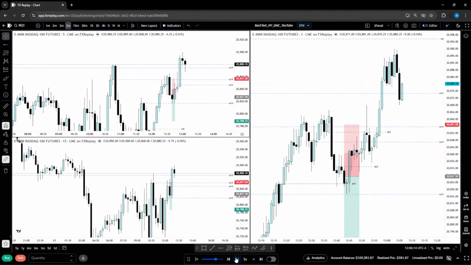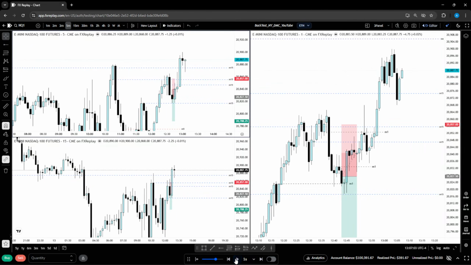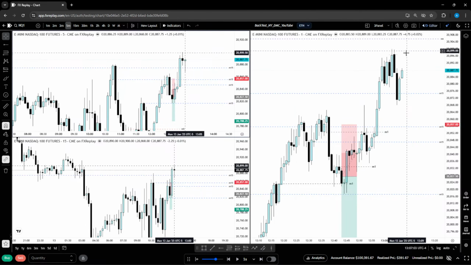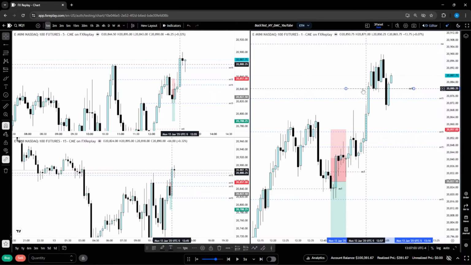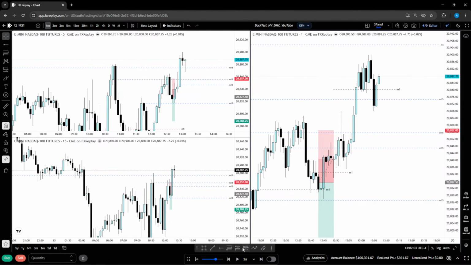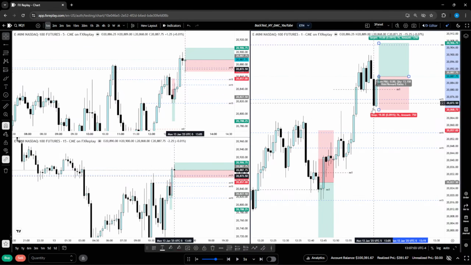Testing this one level. So we basically tested this level at least in 5 minutes. And we reacted off of it, closing above the level. So maybe we could take another long here.